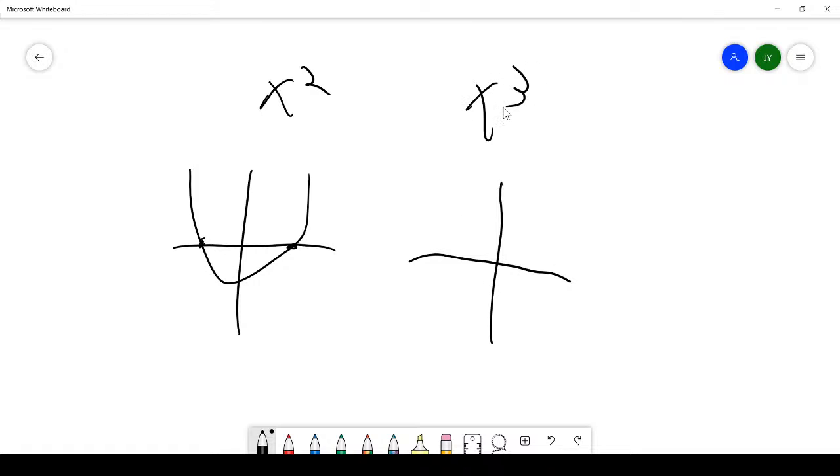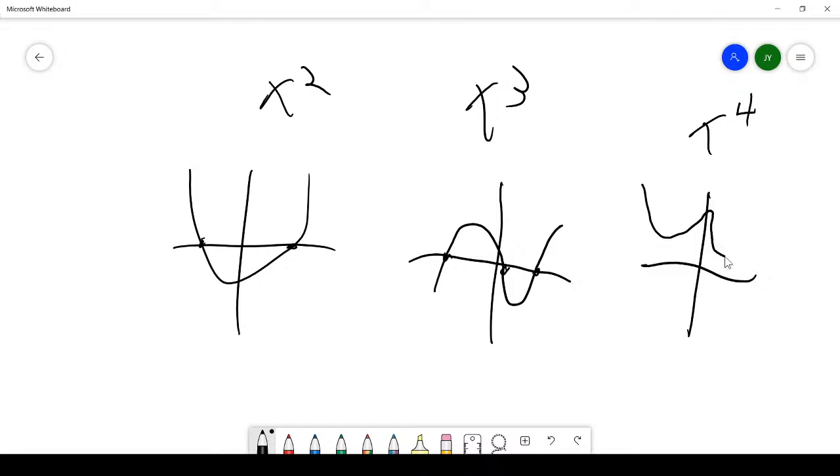For x cubed, if we have something that looks like this, we have 3 points of intersection. That reflects the fact that this has 3 roots. Let's do the fourth power. It looks like some kind of M or W, right? How many points of intersection does it have? 1, 2, 3, 4.